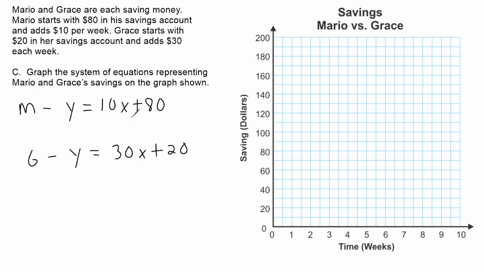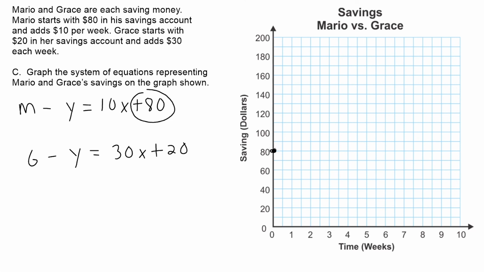All right, so if you have your equation in y equals mx plus b form, start with your y-intercept, because we know that there is going to be a point located at that value. So let's find positive 80 on the y-axis, which is right here.